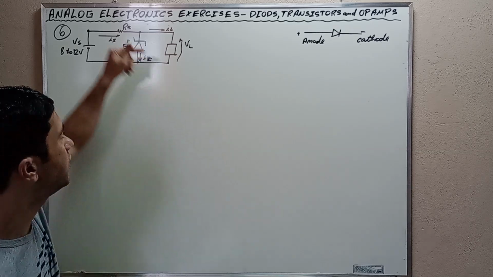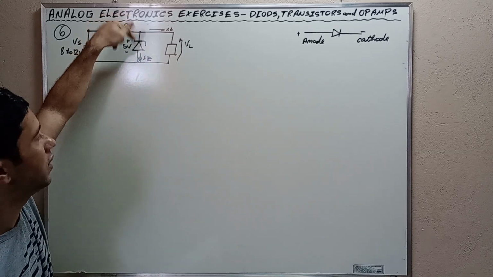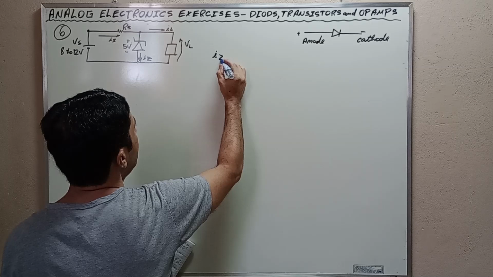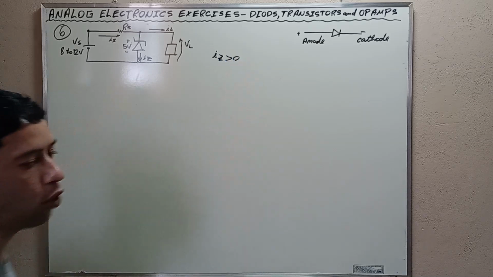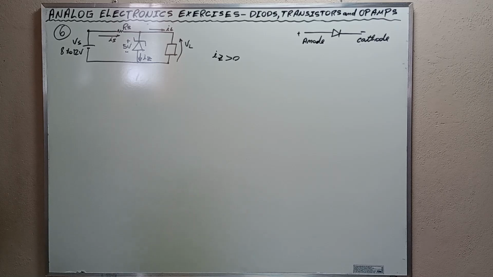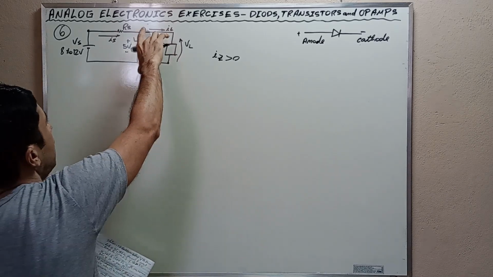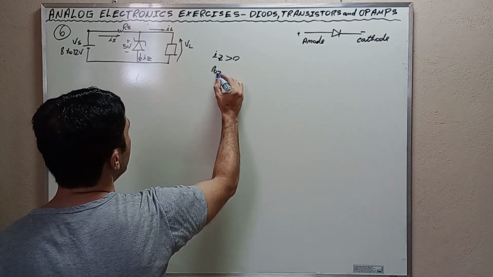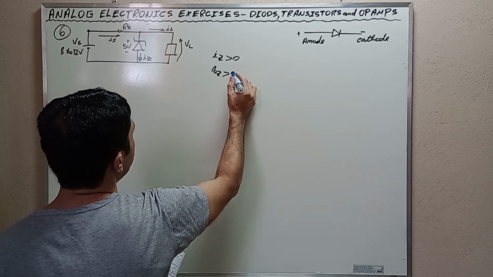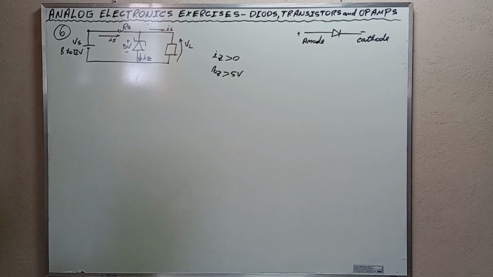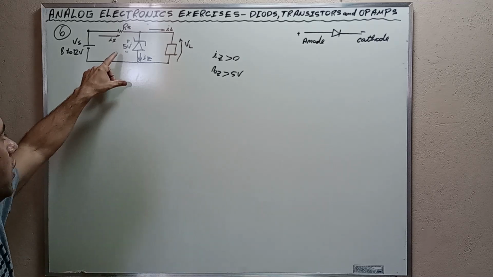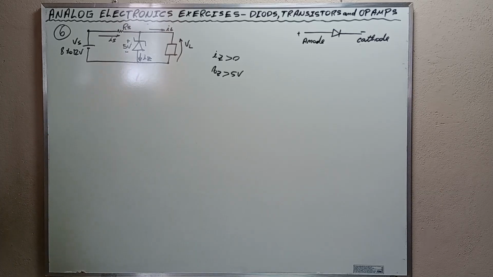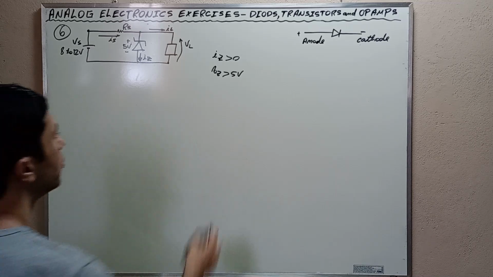There will be Iz greater than 0 only if the voltage across the zener, Vz, is greater than 5 volts. The zener will conduct only if the voltage is greater than its breakdown voltage. Okay, my friends, this is the purpose of using a zener diode.